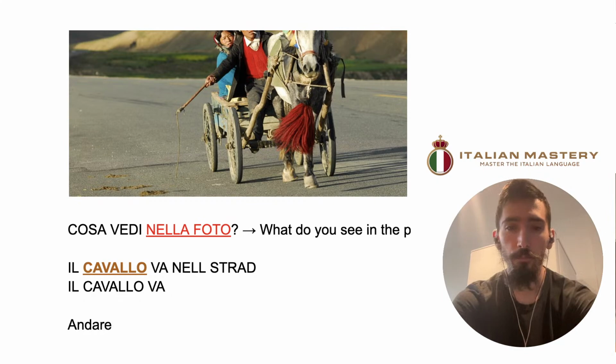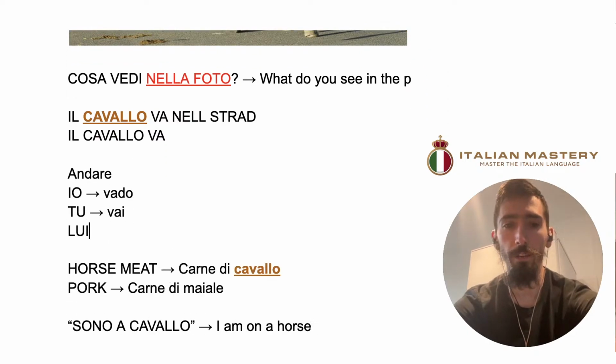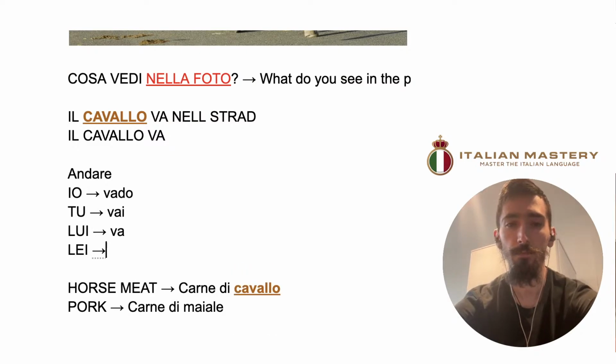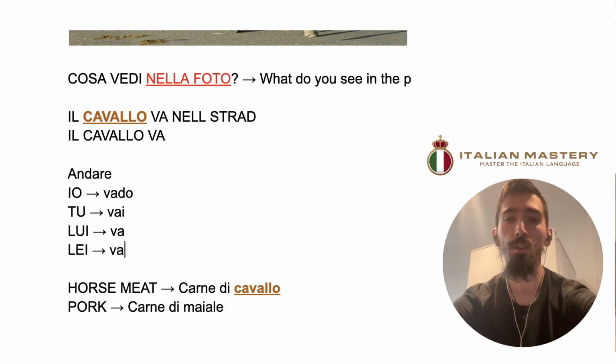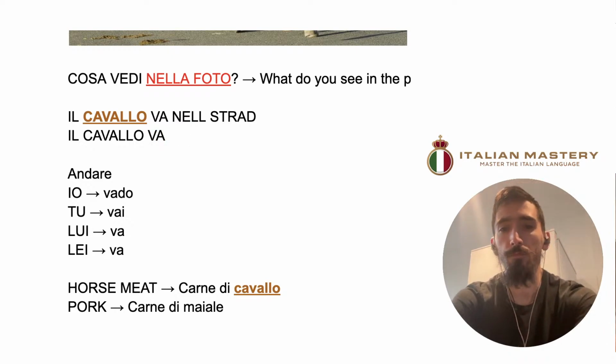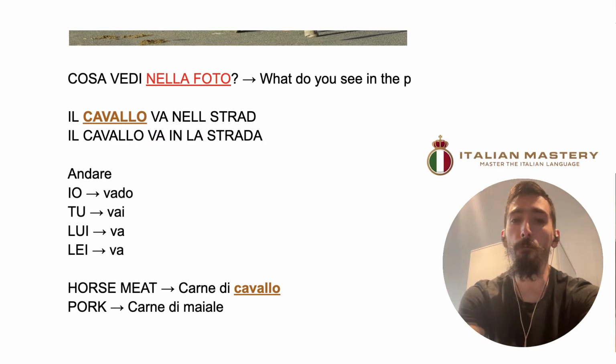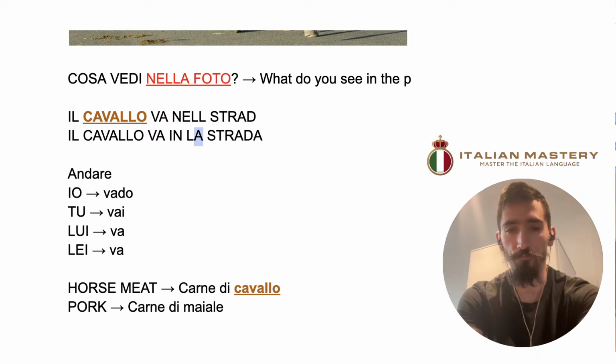Remember, andare, io vado. Tu vai. Lui va. Lei va. Etc. So we need va. Il cavallo va nella... Well, in the road would be in la strada. Strada is feminine, so we need la.